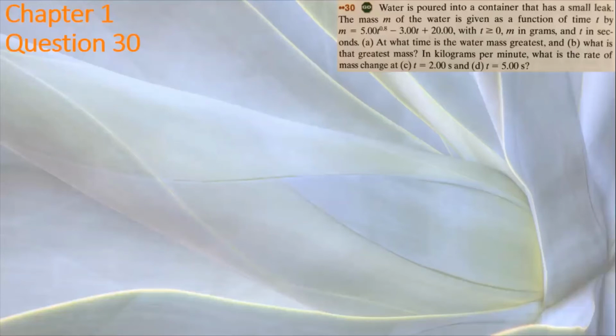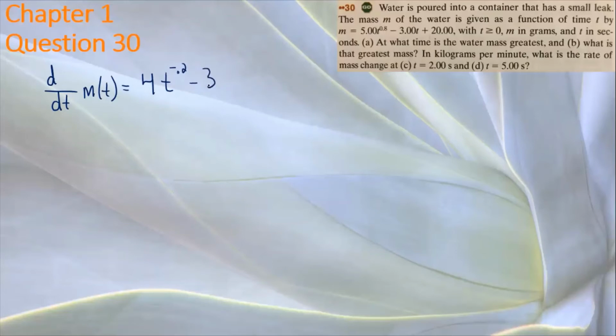So in order to do this, we want to take our derivative, which we found before to be 4t to the negative 0.2 minus 3.